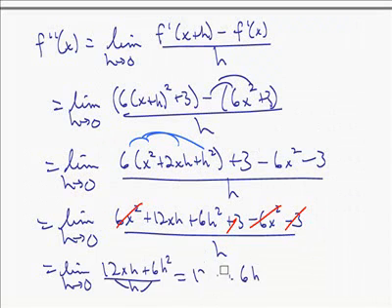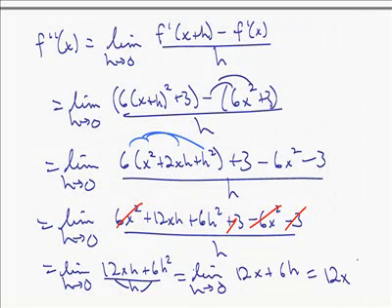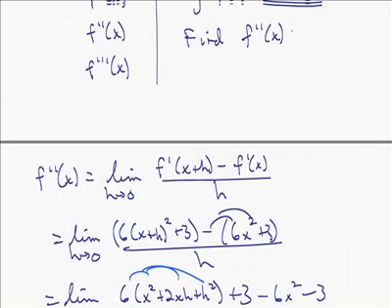And actually we want to take the limit of that as h approaches 0. So the limit as h approaches 0 of 12x plus 6h. And now if you plug 0 in for h, since this is a continuous function which is defined at 0, we get 12x. And that is, remember, f double prime of x.